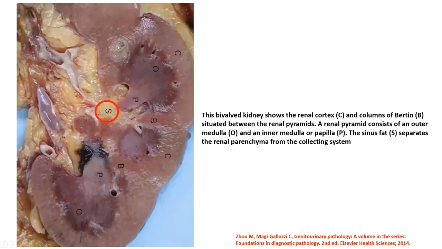Again, this particular illustration is very important because when you do a grossing of the kidney, this is how it will look, and you need to be able to identify the individual components of the cut section of the kidney. So as you already know, you have the renal cortex towards the outer aspect, the medullary pyramids, the renal papilla which drains into the minor calyces, the broad base of the renal medullary pyramids, and this entire fatty structure seen in contiguity with the renal papilla is the renal sinus fat, and this is a very important landmark.